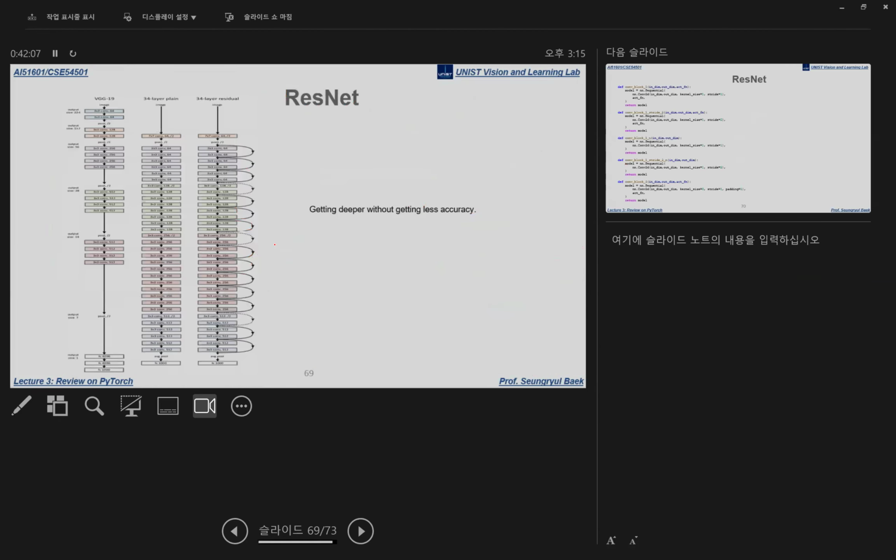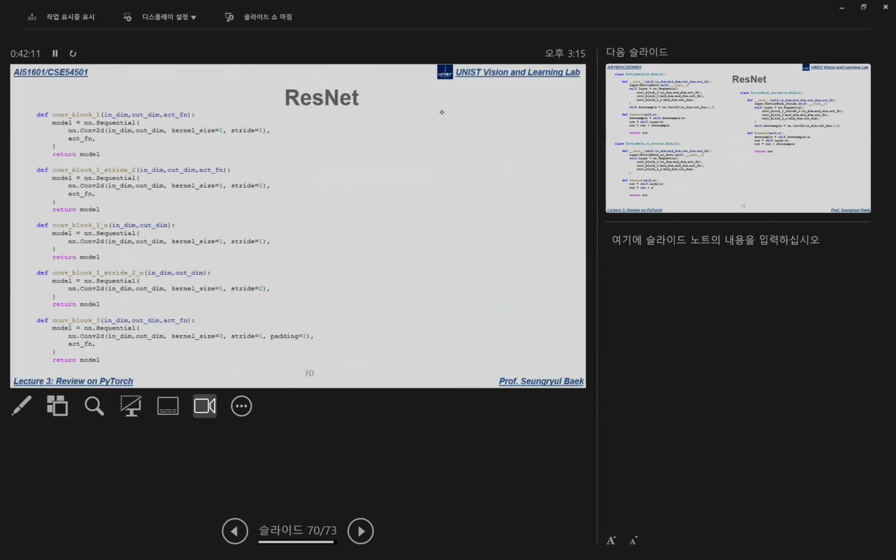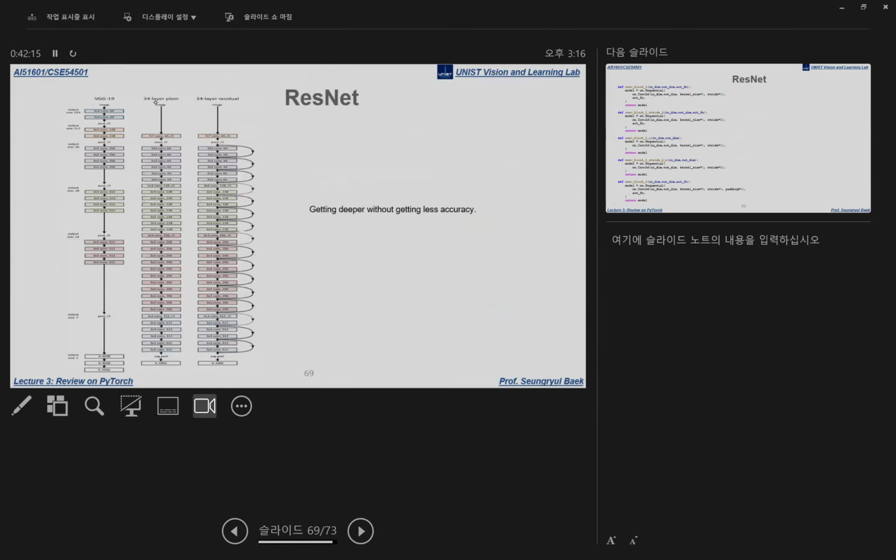So so far, this is the comparison of the ResNet and VGG network. Sorry, this is the VGG 19 network having 19 layers, but this is the simple extension of the VGG network to have 34 layers.